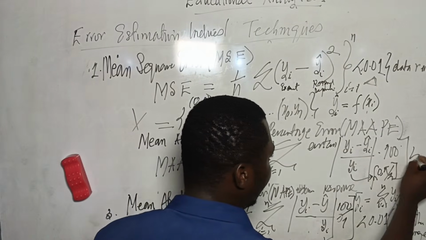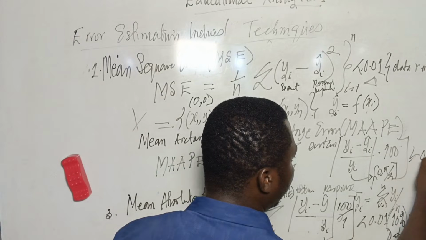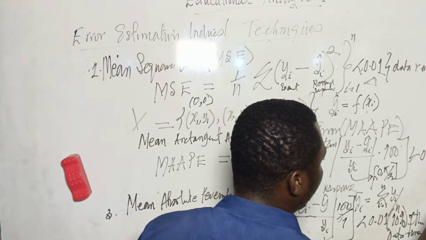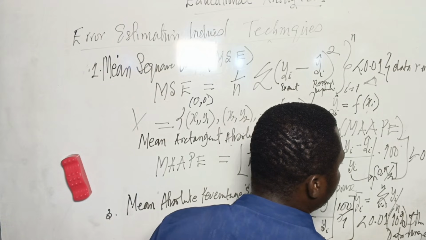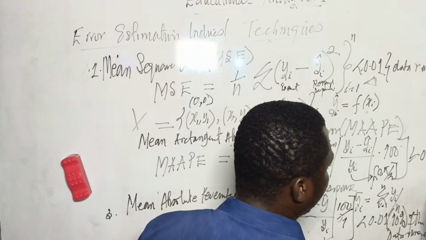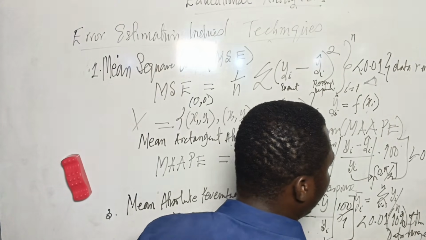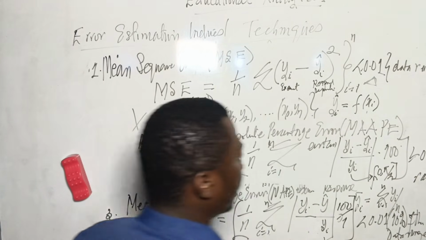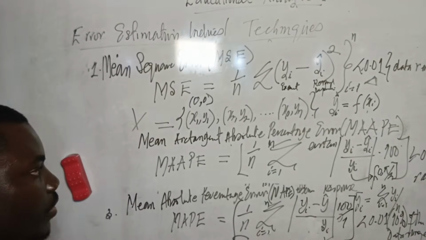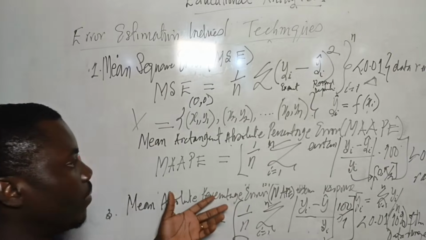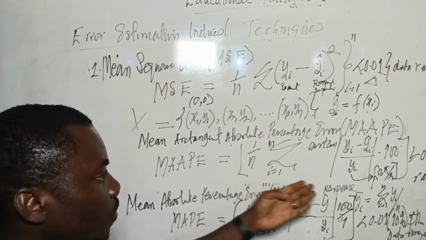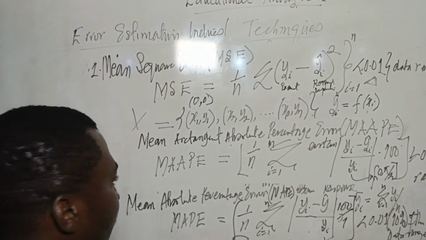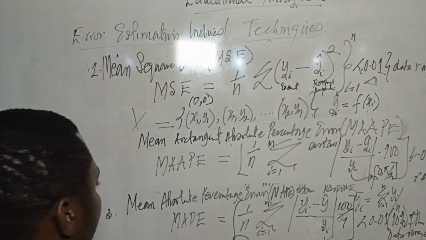We normally say that the index should be less than 0.01, while others prefer 10% of the data range. But for you to have a perfect goodness of fit, it must be less than 0.01 in the range.